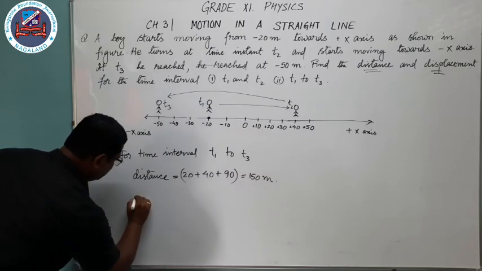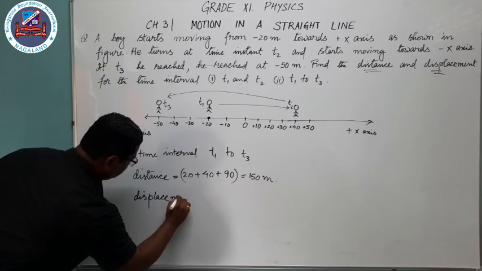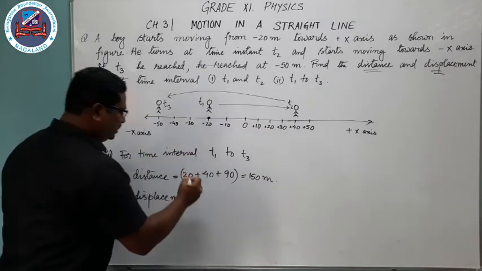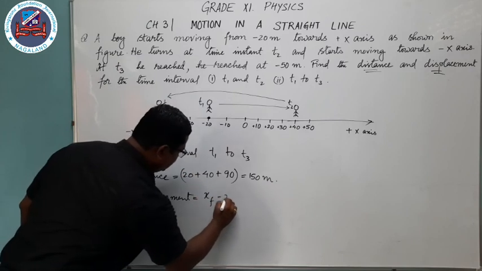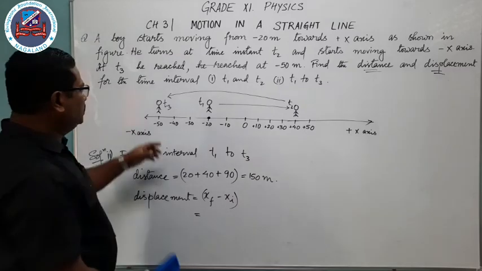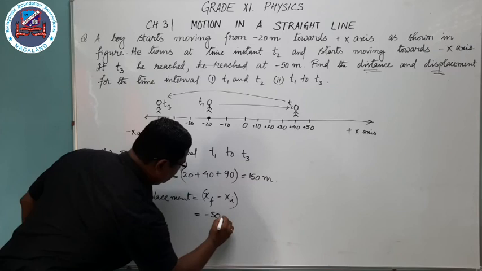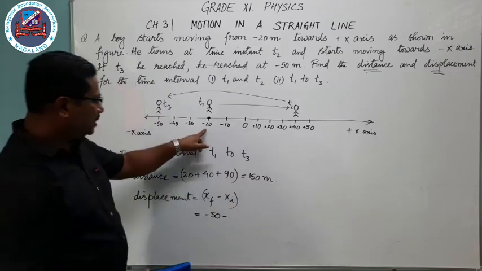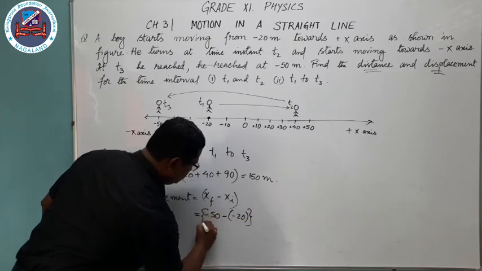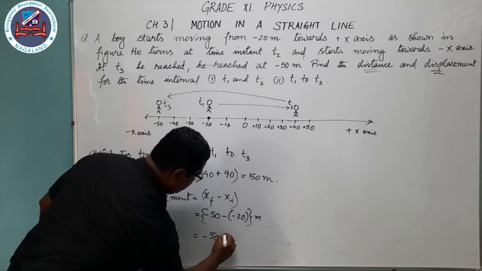But when you say displacement, then you are not interested in the path length. We are interested in the positions. Final position minus initial position will give you the displacement. Final position is minus 50 and initial position is minus 20. So minus 50, minus into minus is plus 20.